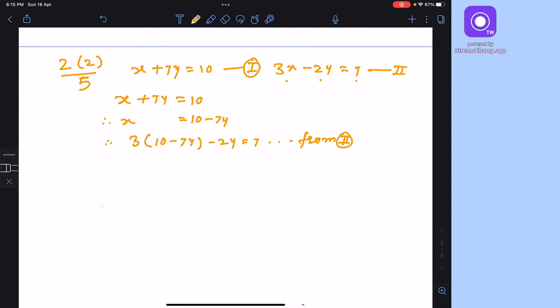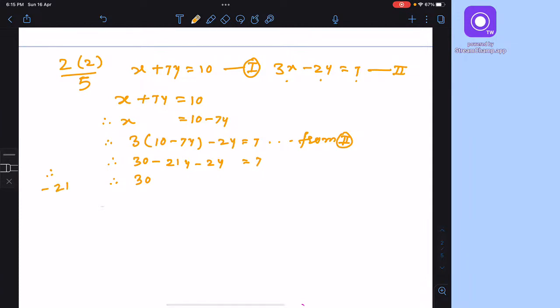And now if I solve this, I get 3 into 10 is 30 minus 3 into 7y, 3 7s are 21y, minus 2y is equal to 7. Now collect the like terms. Therefore 30 and minus 21y and minus 2y.